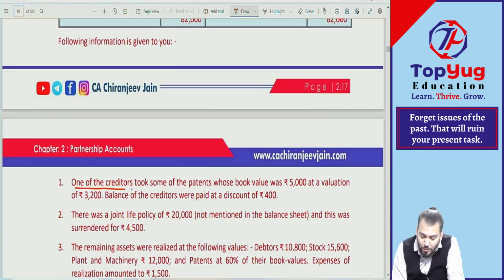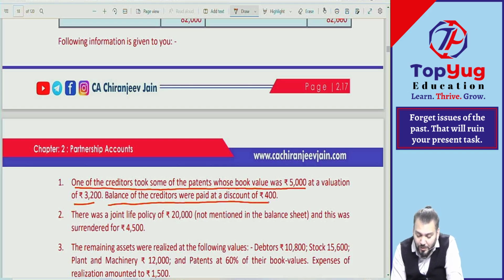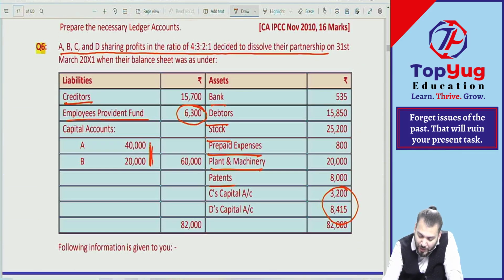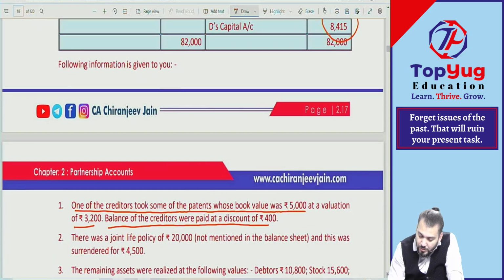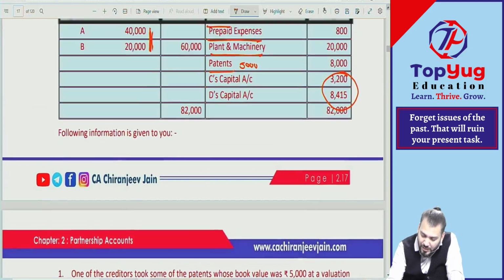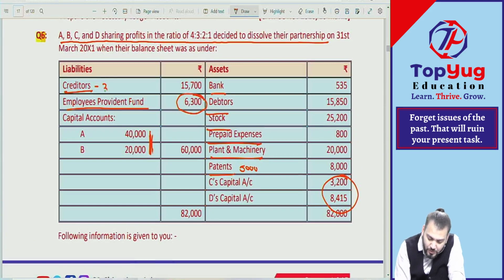One of the creditors took some of the patent, whose book value was 5,000, at a valuation of 3,200. Balance of the creditors were paid at a discount of 400. Whenever this type of information is given, the patent book value is 5,000, so it is minus 5,000. And the creditor, what is the agreed value? 3,200. Just write down here in the question only.